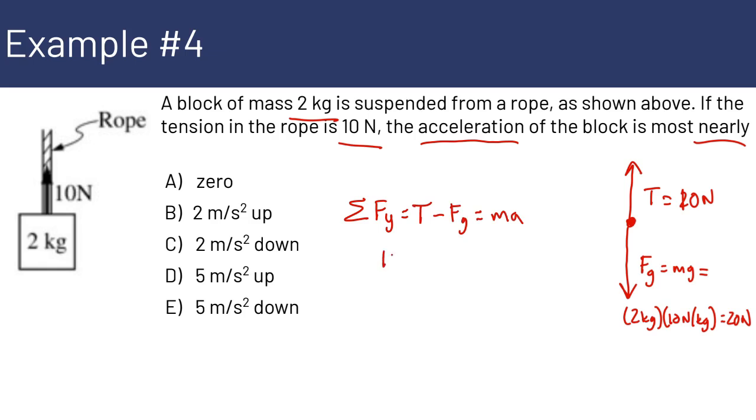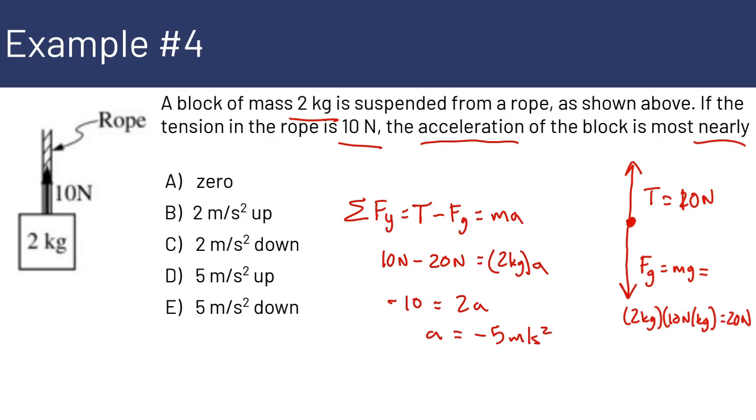So our tension force is 10 newtons minus our gravitational force of 20 newtons is equal to 2 kilograms times our acceleration. So we have minus 10 is equal to 2a. So a then is equal to minus 5 meters per second squared.